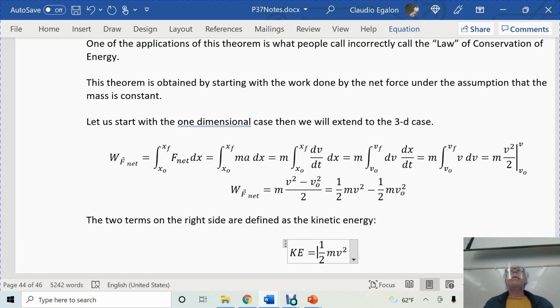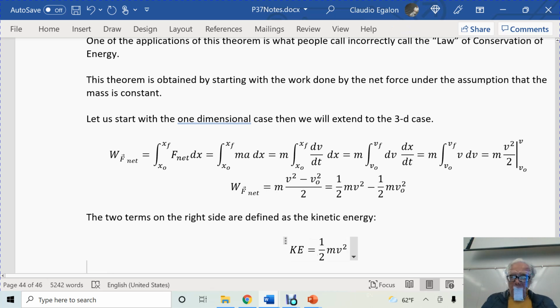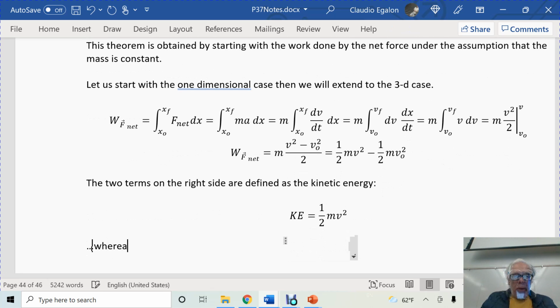Kinetic energy is defined as energy due to motion.